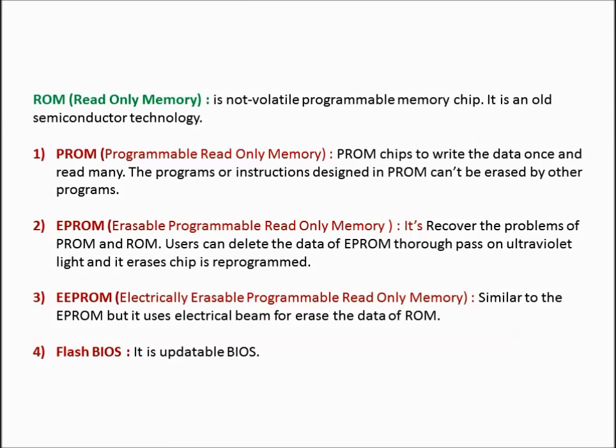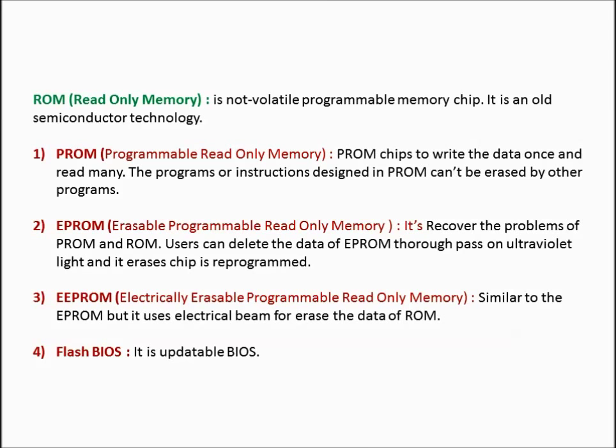ROM, read-only memory, is non-volatile programmable memory chip. It is an old semiconductor technology. Number 1, PROM, Programmable Read-Only Memory. PROM chips allow writing data once and reading many times. The programs or instructions designed in PROM can't be erased by other programs. Number 2, EPROM, Erasable Programmable Read-Only Memory.